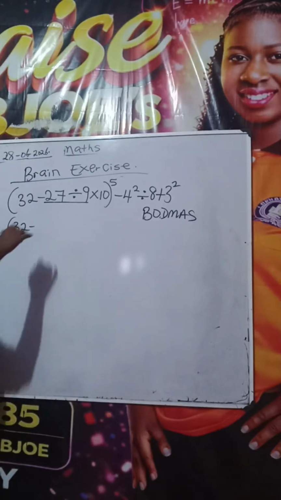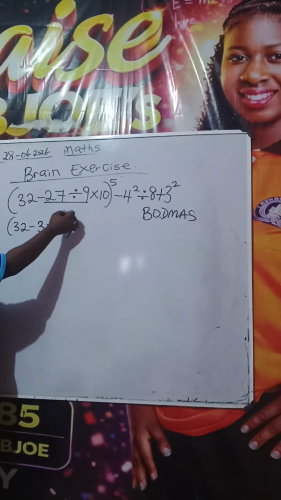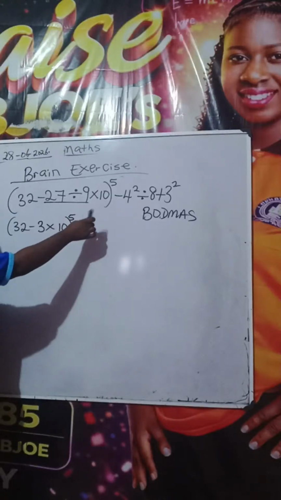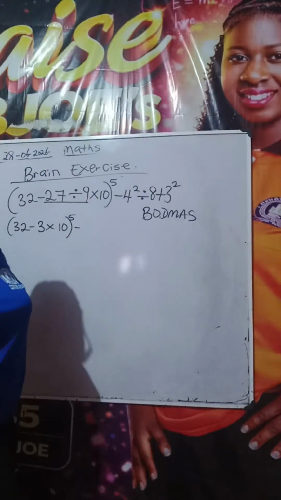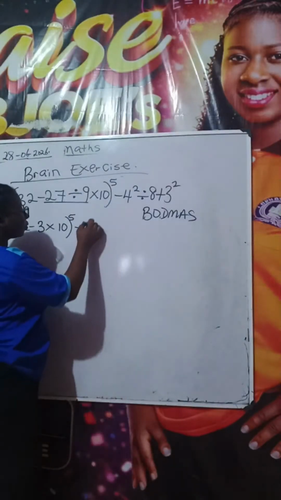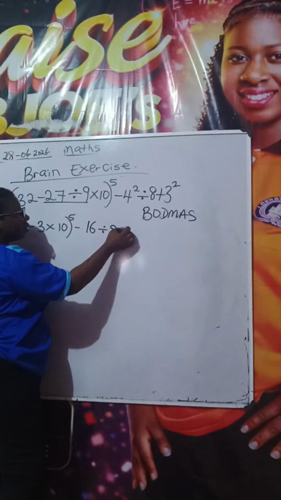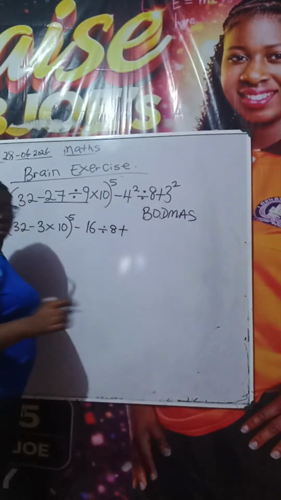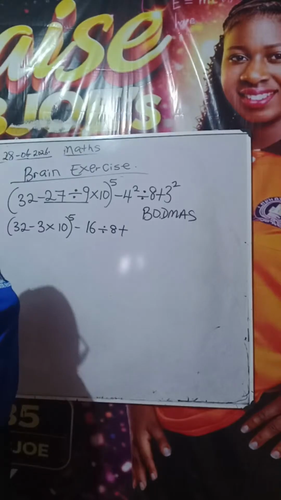That will give me 3, times 10, all raised to the power of 5, minus. Now what is 4 square? 4 square means 4 times 4, and that will give me 16, divided by 8, plus 3 square. 3 square means 3 times 3, and that will give us 9.